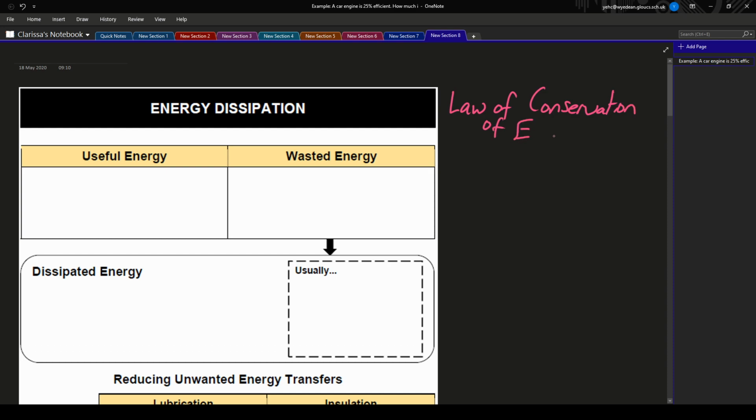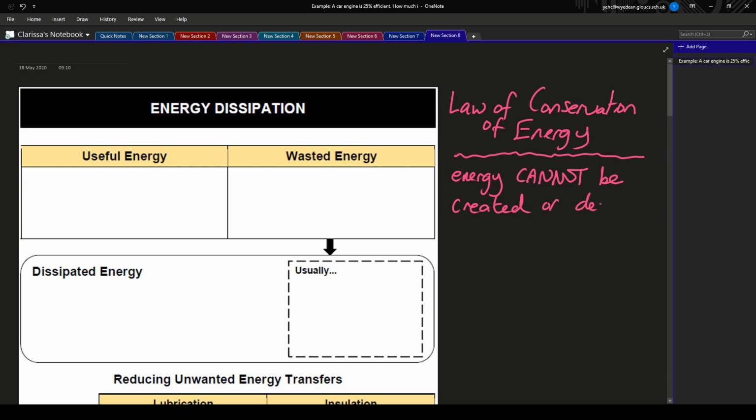We did some calculations on it, but remember the theory behind it. What it says, and this is important for you to know, is that energy cannot be created or destroyed, only transferred.